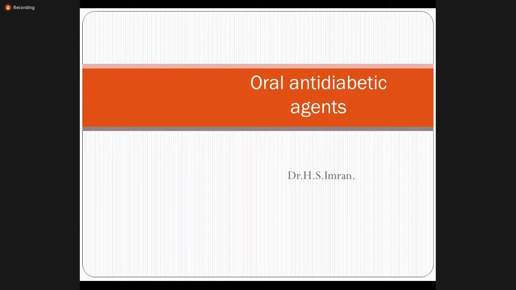What does it mean? This also we have discussed, because the internalization of excessive glucose molecules from blood inside the cell is going to happen when insulin binds with the insulin receptor, and there is a conformational change, then internalization of the glucose molecule from outside to inside.